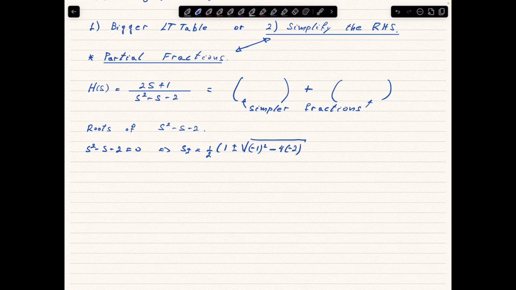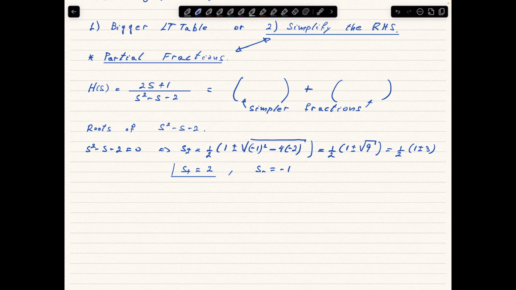So we get 1/2 times 1 plus minus the square root of 8 plus 1, 9, square root of 9, which is 3. So we have 1/2 times 1 plus minus 3. That means we have two roots. The root s plus is going to be 4 over 2, so 2. And the root s minus is going to be negative 2 over 2, so negative 1.